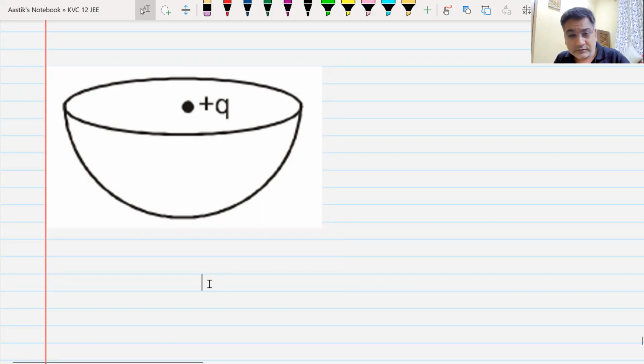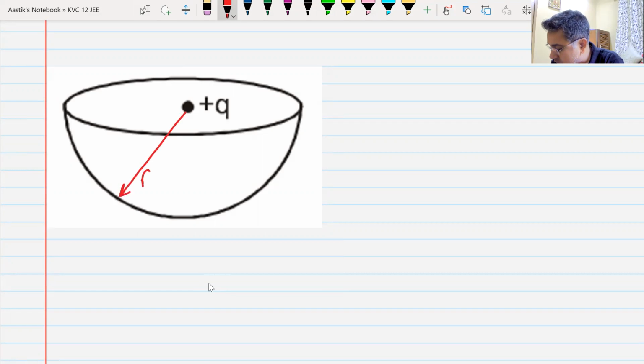You understand what this is? This is half of the sphere, a hemisphere. And we have charge plus Q standing at the center of this. The radius of this sphere happens to be R. Now you can see two types of surfaces here, and I shall color them.